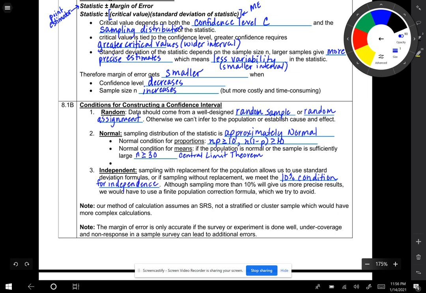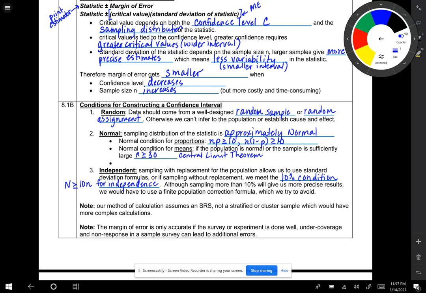The 10% condition is the population size has to be greater than or equal to 10 times the sample size, or the sample size has to be less than or equal to 10% of the population.